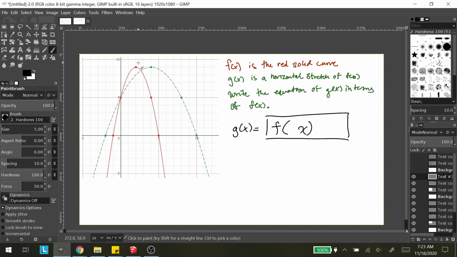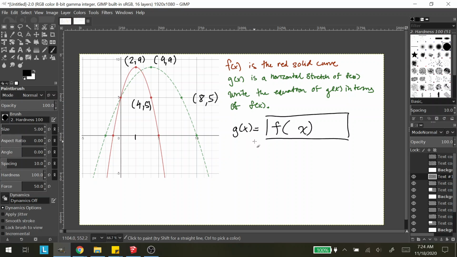So we're going from this is 2, 9, and this point right here is 4, 9. This is 4, 5, and this is 8, 5. So it's important to know what happened.